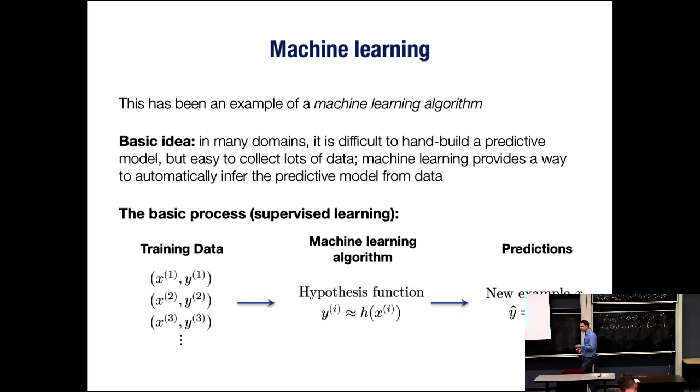It says, instead of trying to build a model a priori, to write a program that makes some predictions, we're going to collect a lot of data that give us the mapping that we want: the input of the system as well as the actual output we want. And then we're going to have the algorithm, the computer, learn how to model that data, how to model that predictive process.